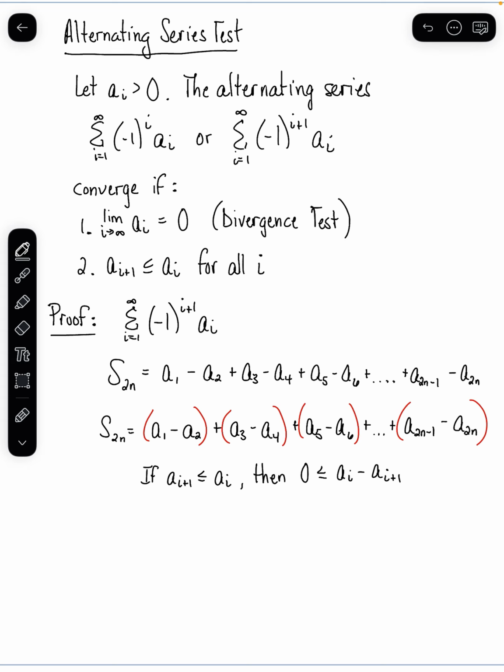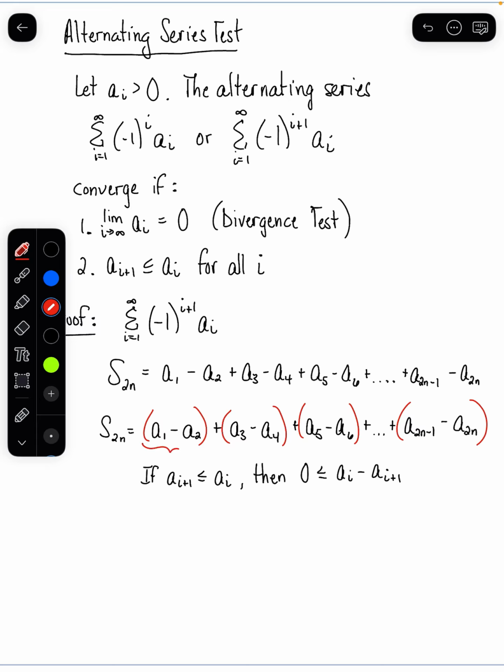So what we have here is a series of positive terms.